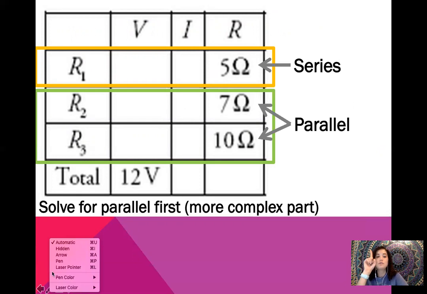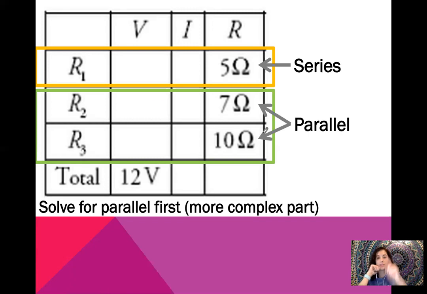Step 1 is to find the resistance of this more complicated part so we can call it one resistor.